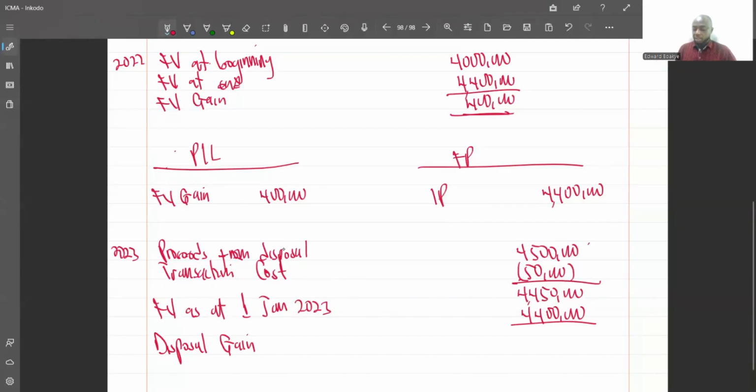It was 4.4, now we've gotten 4,450, so we have 50,000. Our disposal gain is 50,000. All right, let's go and see if we can deal with the next one.